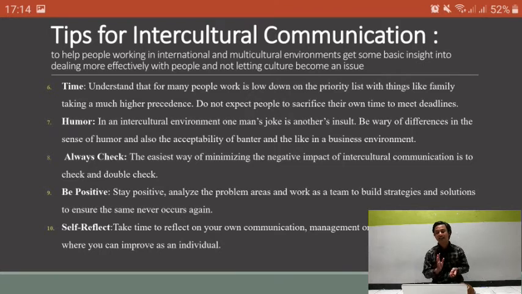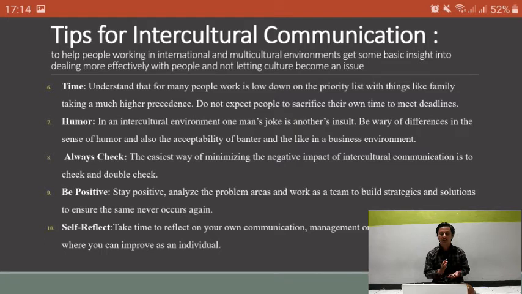The sixth, the next tip, that is time. Understand that for many people work is low down on the priority list, with things like family taking much higher precedence. The seventh is humor. In an intercultural environment, one man's joke is another's insult.